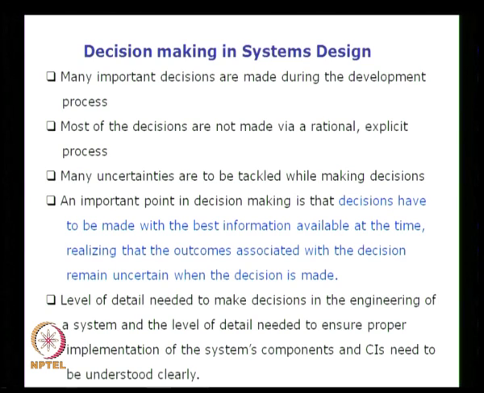So we need to look at the system level and component level details, and understand them clearly, so that whatever decision we are making is based on the information available at that time. When we make the decision, we need to be aware that there are a lot of uncertainties, there is a lot of information to be collected, and there is a lot of information which is not available also. Based on this we need to make a decision.